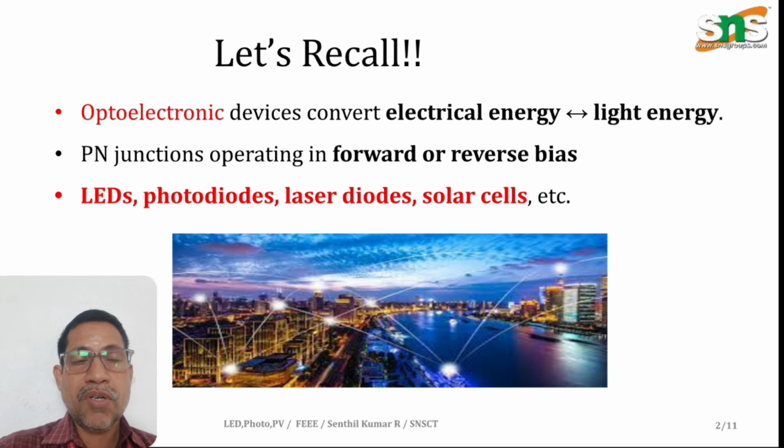Either there is a conversion from electrical to light or light to electrical, or there may be any electrical parameter change. For example, the value of a resistor is changed from a low resistance value to a high resistance value, or vice versa.